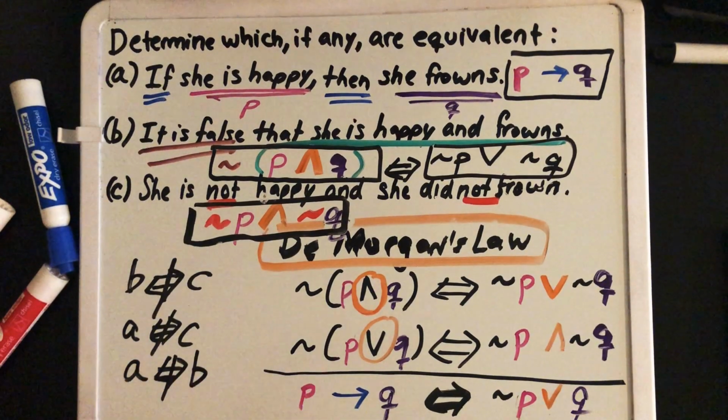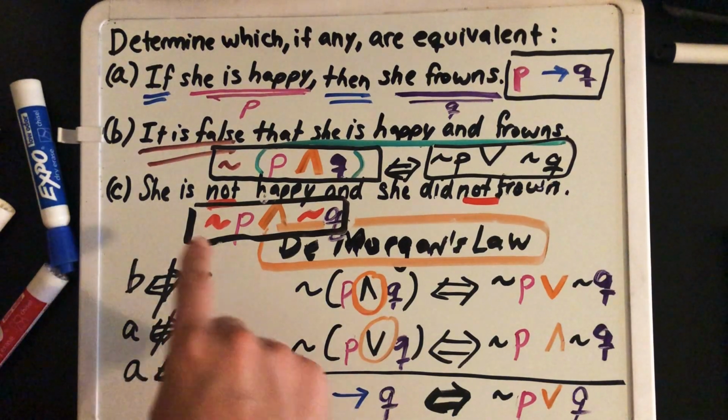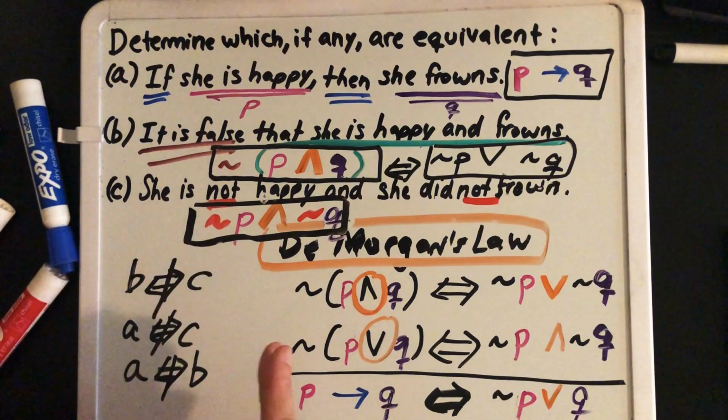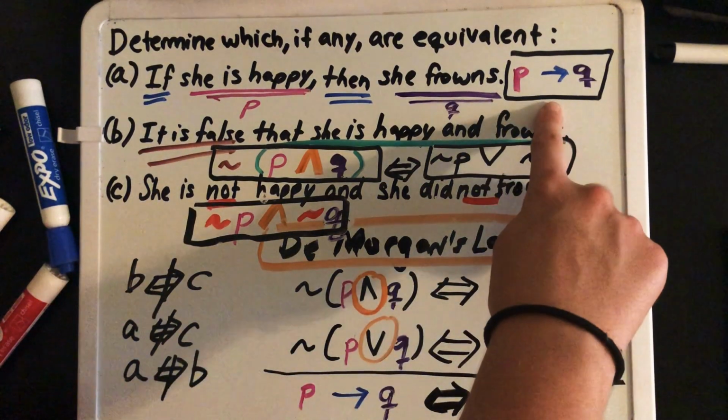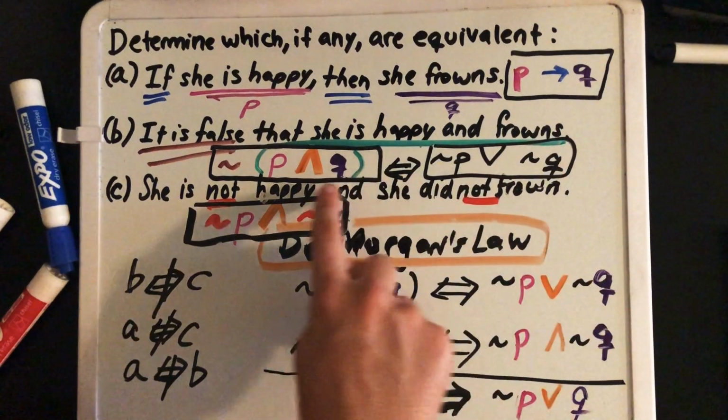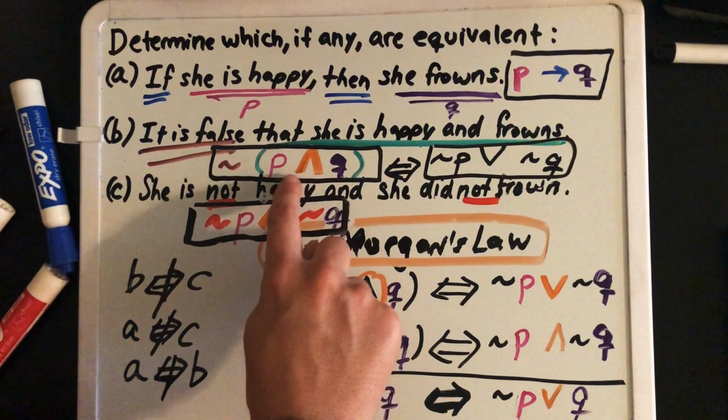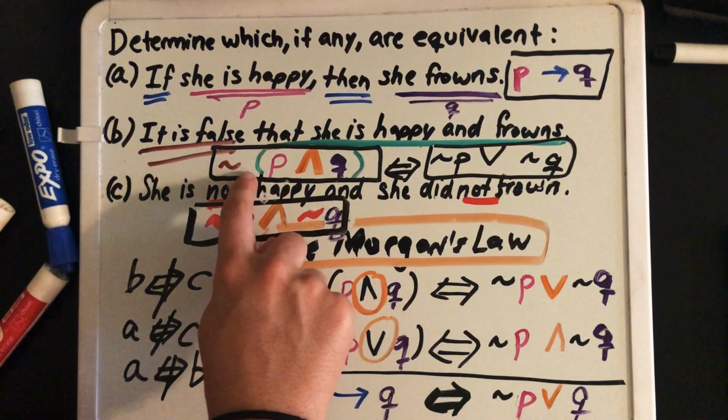Now, if you didn't like the way I did this, if this was a little too confusing, remember, you always have the option to construct a truth table. You would need a P column, a Q column. You would need 4 rows because there's 2 letters and 2 to the second power is 4. And then you would need to carefully construct a column for this statement, P then Q. You'd have to work your way up to this statement by doing a P and Q column and then a negation of that.